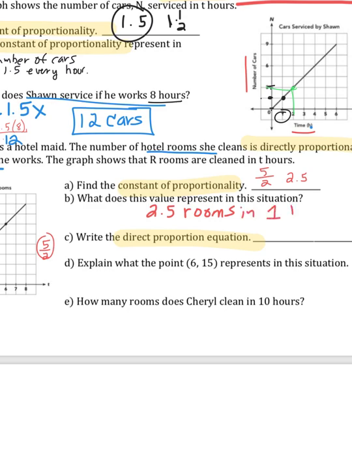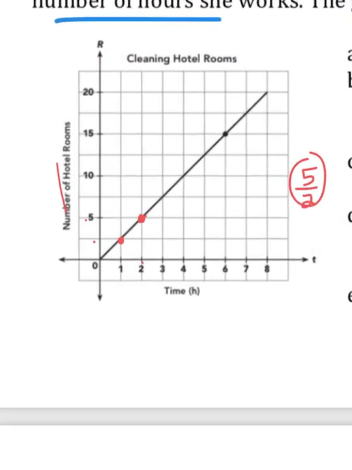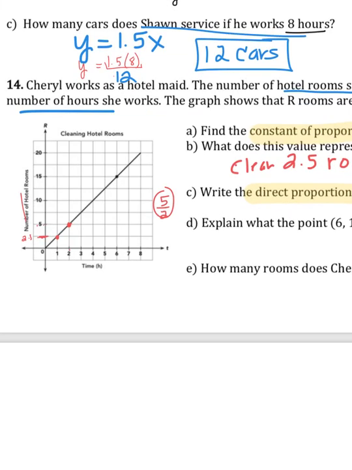In 1 hour, she would clean 2.5 rooms. And look at the graph, that makes sense. In 1 hour, she's not going to clean 5, she's going to clean half of 5, which would be 2.5 rooms in 1 hour.